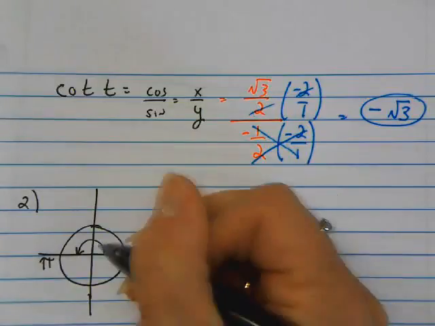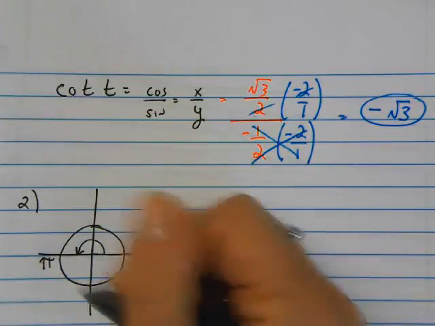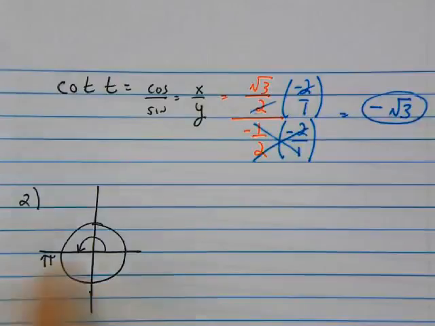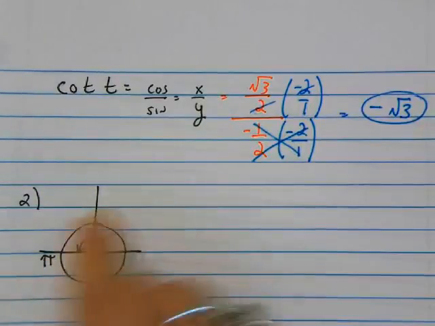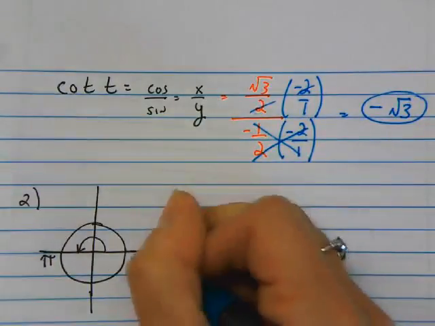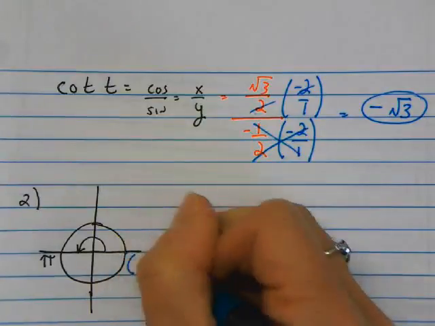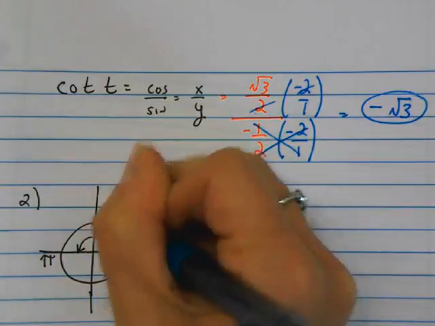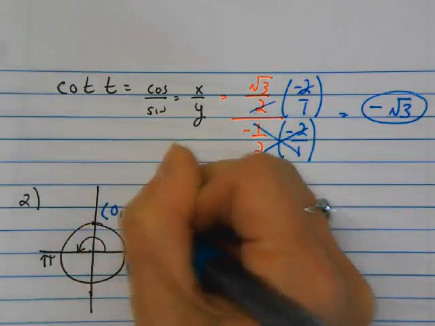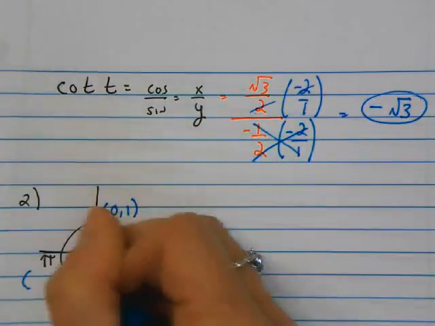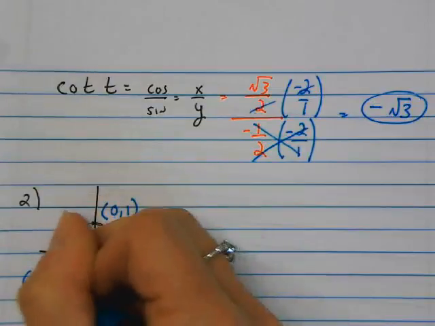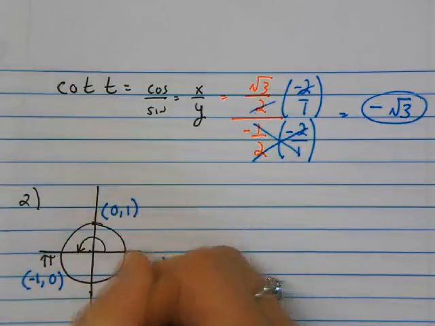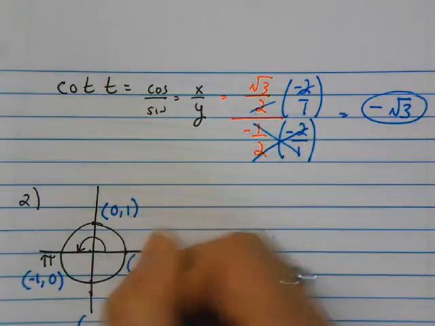So I want you to think for just a second. If this is a unit circle, do you agree that this point would be 1, 0. And this point would be 0, 1. And where pi is would really be negative 1, 0. And down here, this point would be 0, negative 1.